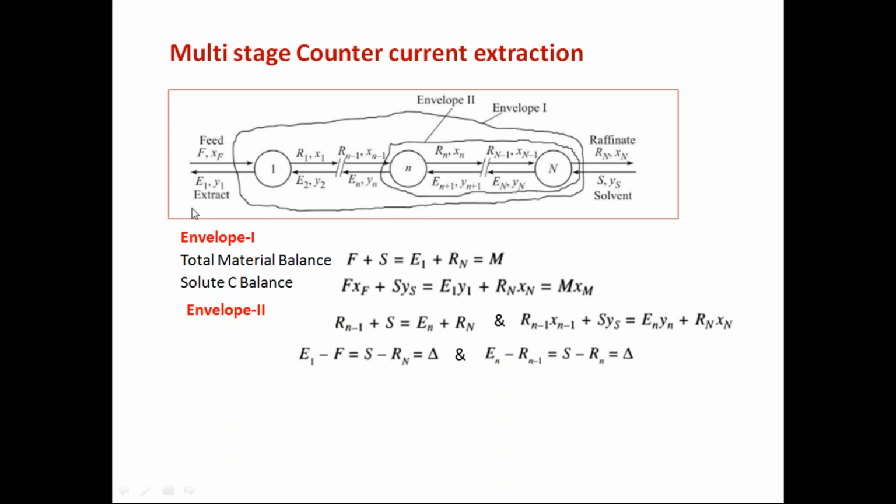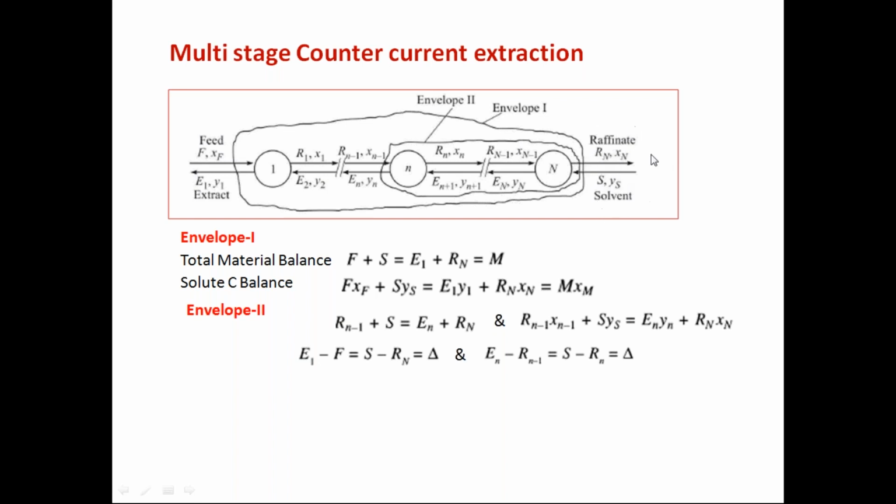Then you can call it as a high concentration end and low concentration end. That means the stages here will have high solute concentrations and here will have low solute concentrations. And also the feed is entering this side, so you can call it as a feed end. This end you are getting out the raffinate, and also the solvent is entering.